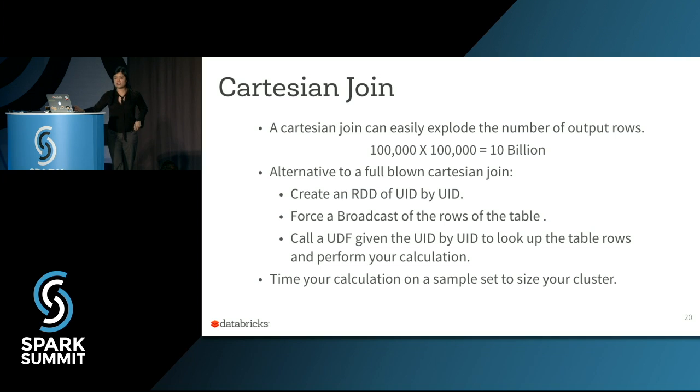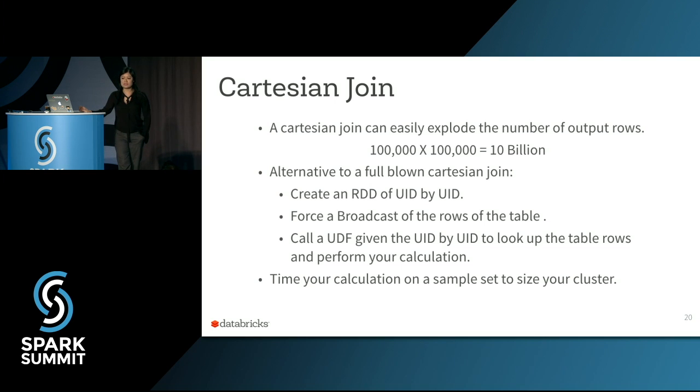So to do that, I actually just use the regular RDD APIs here, and I'm going to generate all the pairs of UID by UID to generate that column. I'm going to be really careful about setting the number of partitions for that RDD so I can control the amount of parallelism I'm getting. I'm going to force a broadcast of all the rows in the table.